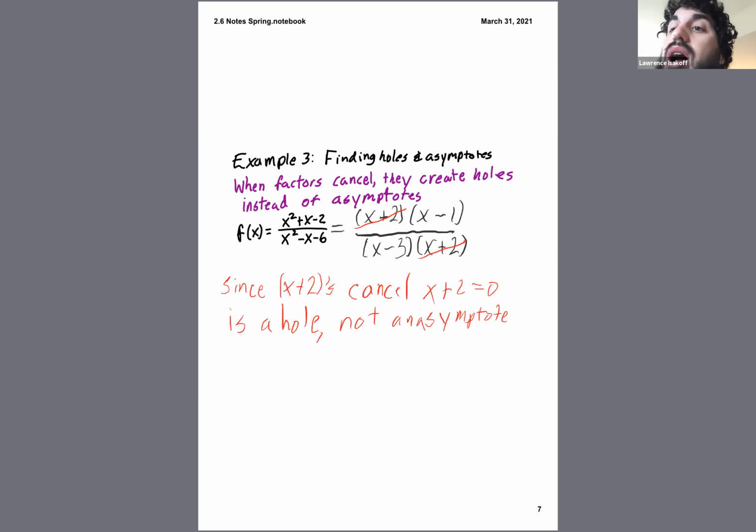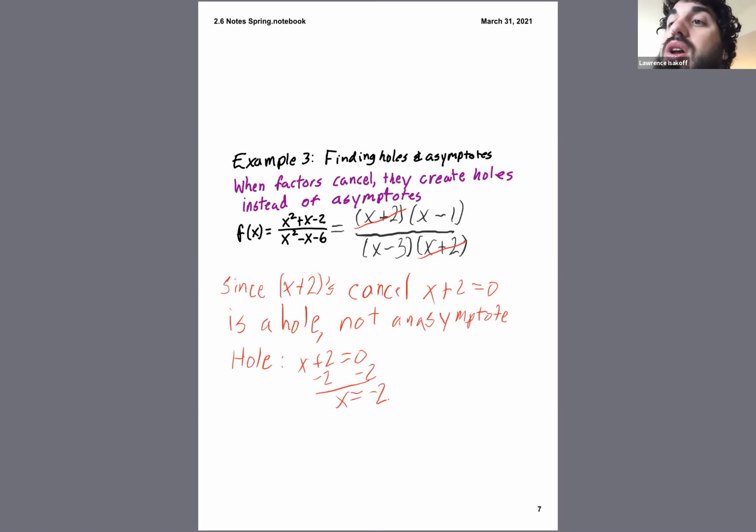So I'm going to get a hole there when I set x plus 2 equal to 0, subtract 2, get x equals negative 2.